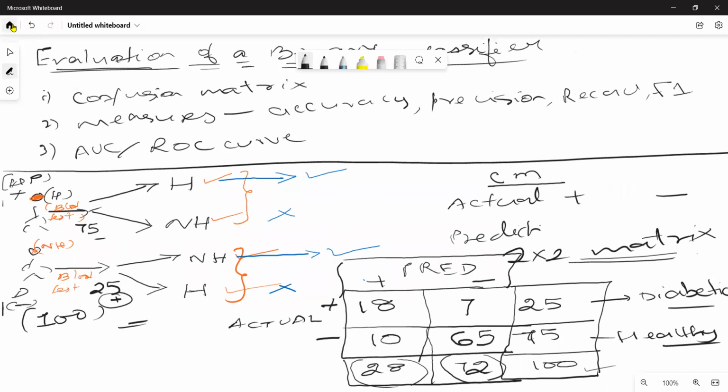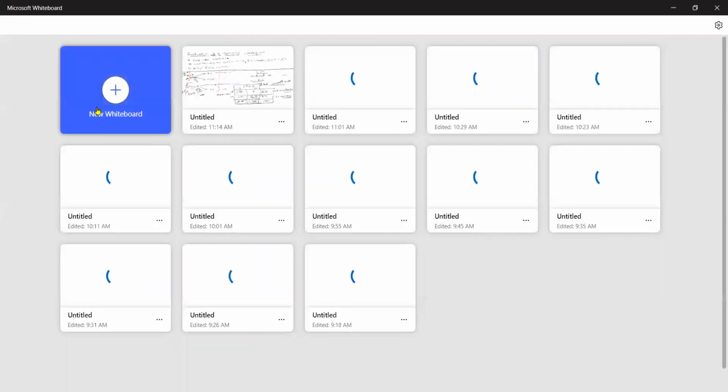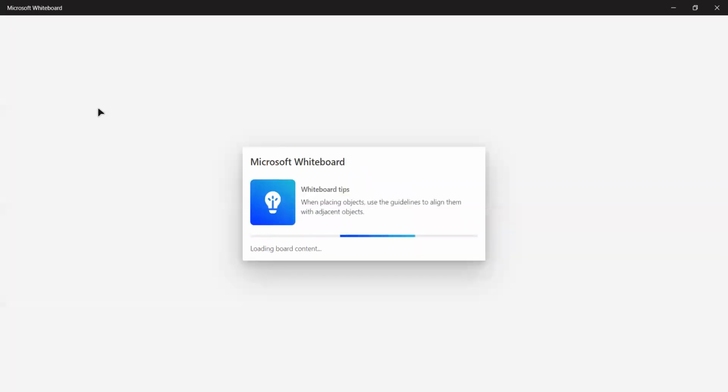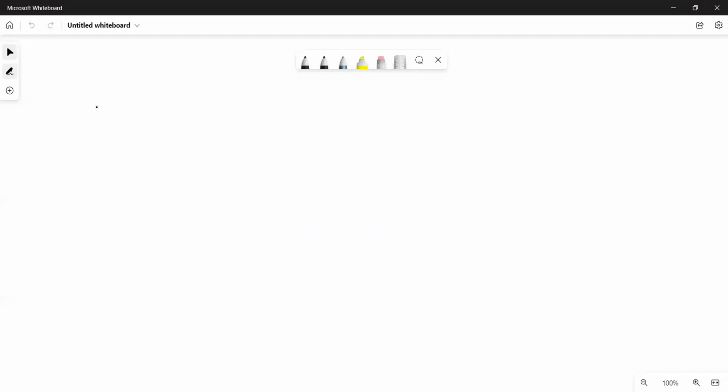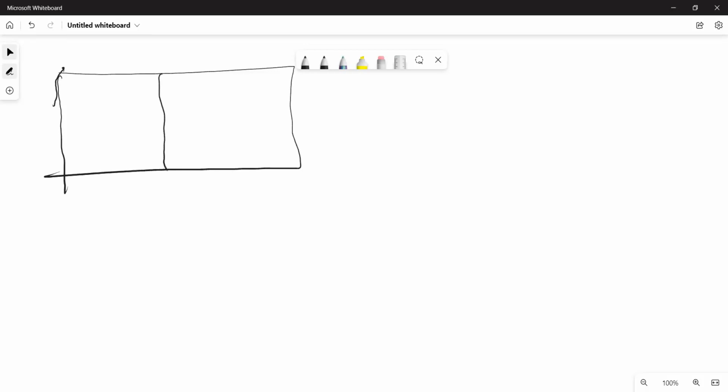So now let us go to the terms and we'll see what are the different methods that we have. So let me draw this matrix again. So we have this is positive class, this is negative class, this is positive class, this is negative class, this is 25, and this is 75.